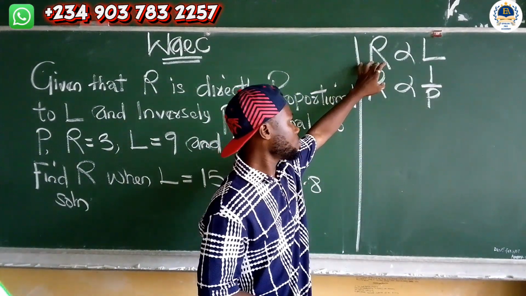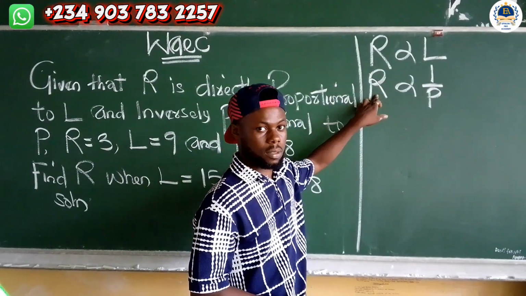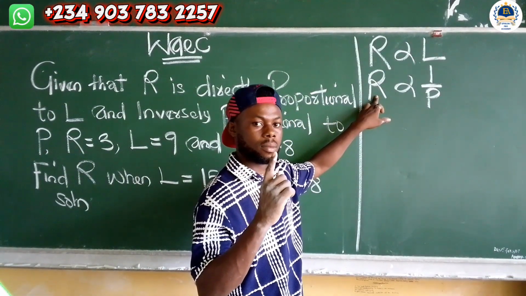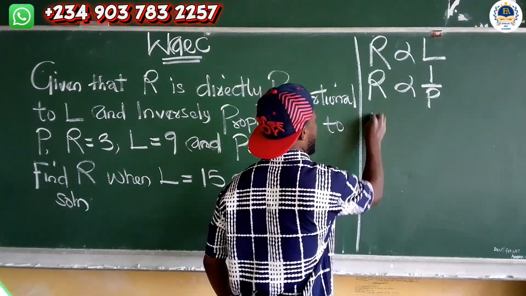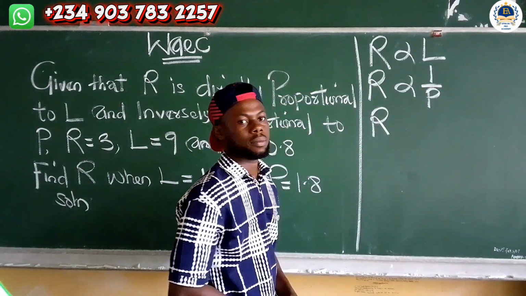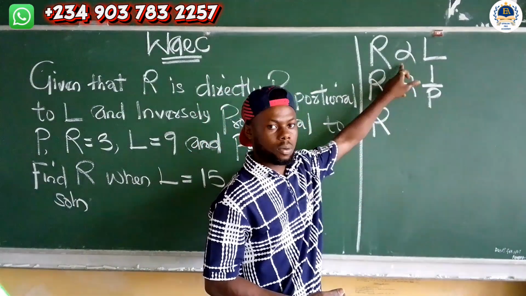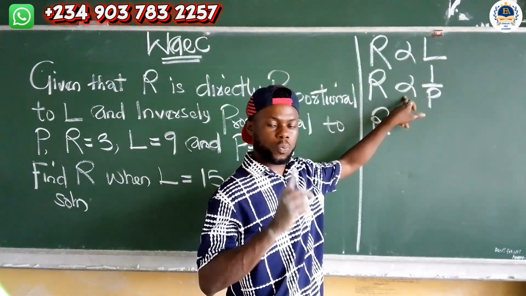Since we have R in two of these, we are going to pick one. So that becomes R. Again, the proportionality symbol is in both, so we pick one.